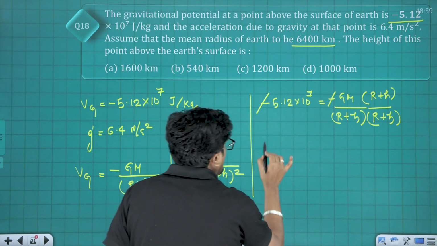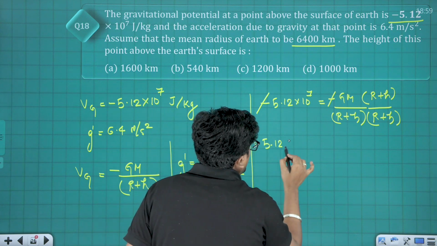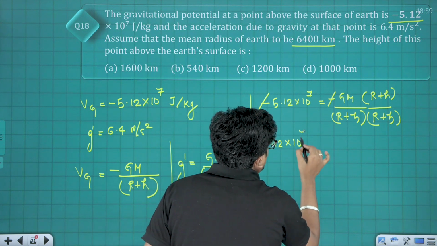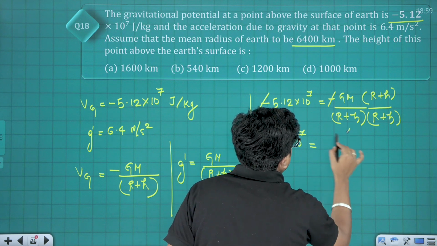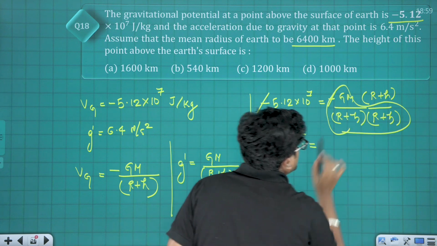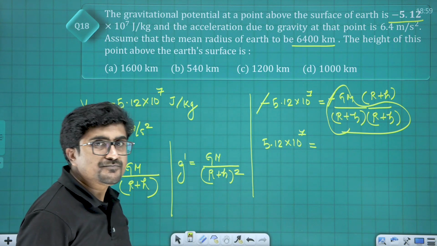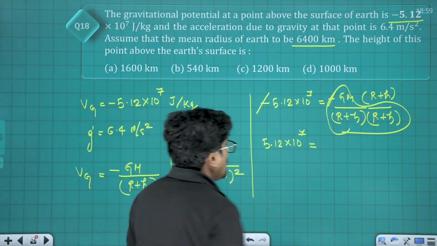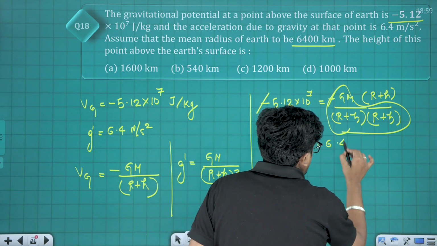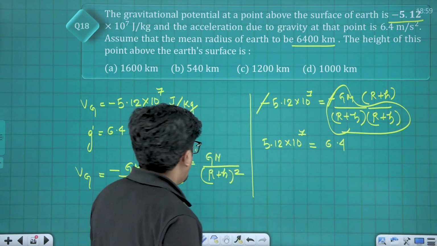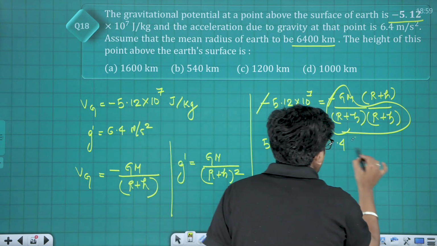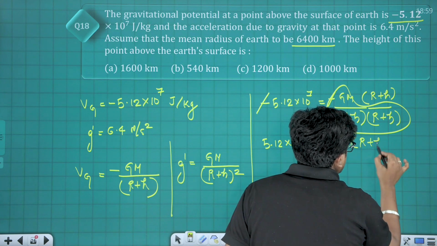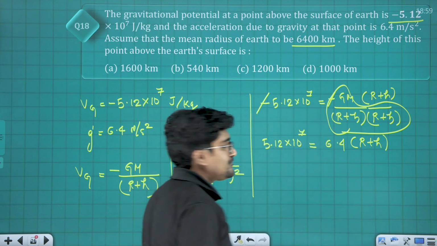Now I have got 5.12 into 10 to power 7 equals, what is this? This is g dash, and g dash is given as 6.4. So 6.4 into R plus H. This is what we have now.